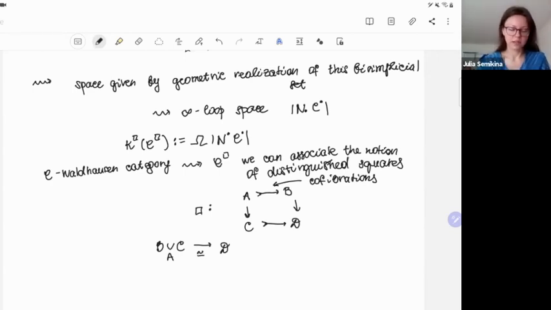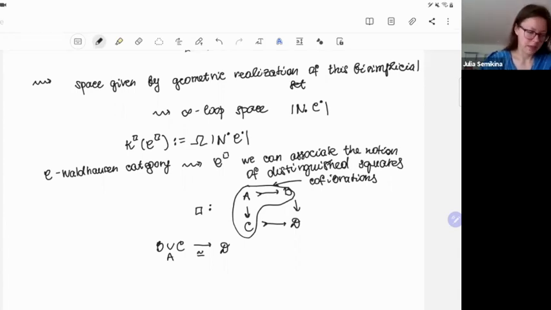We know that in Waldhausen categories, push outs along cofibrations exist. So we can take a push out of this part, and there is this map from the universal property, and we require that it is a weak equivalence, and weak equivalence is also something that is coming from the Waldhausen category data.